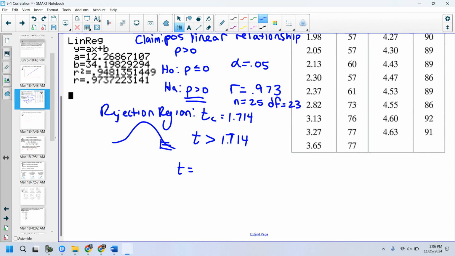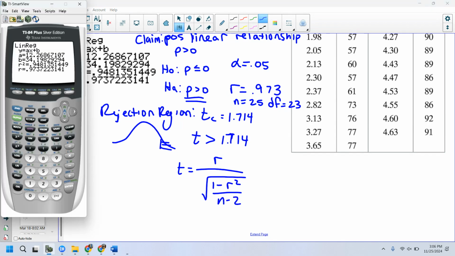Again, our t-score, I'm just going to look at my blue sheet here in chapter 9. You can hear me flipping my pages. Okay, we've got, where is that? R over the square root of (1 minus r squared) over (n minus 2).